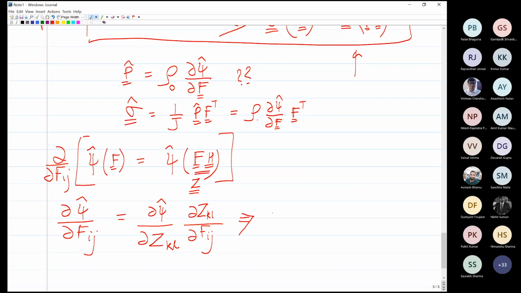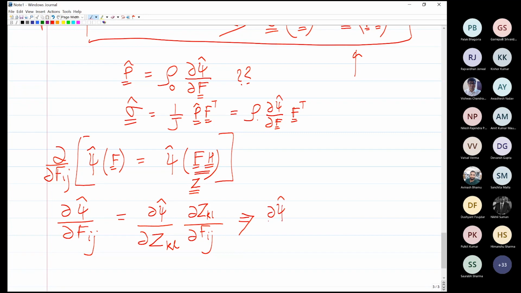On the left hand side, we have del psi hat by del Fij.